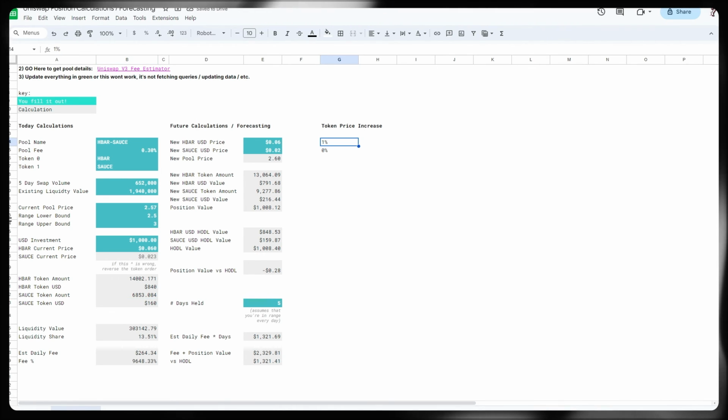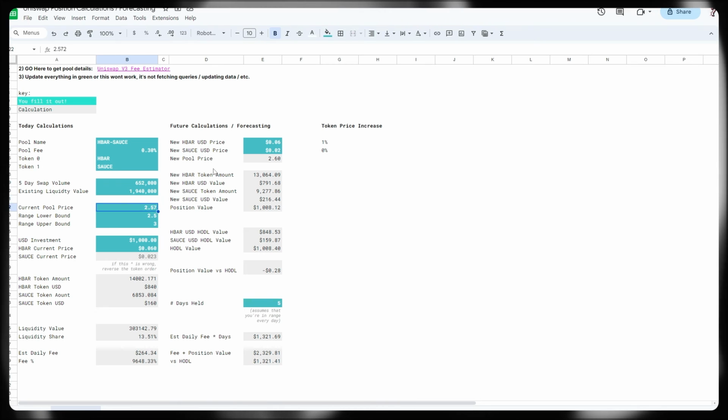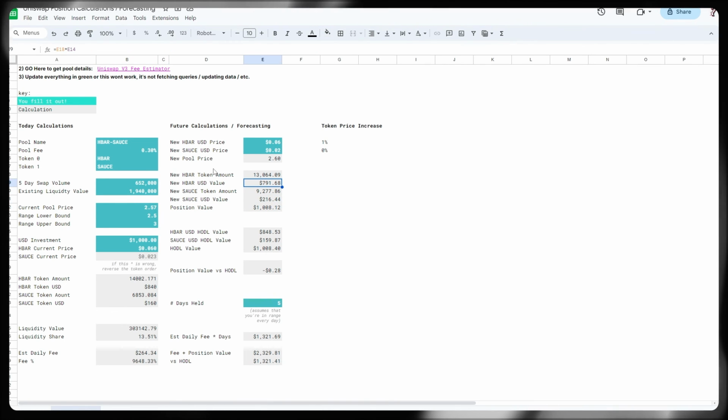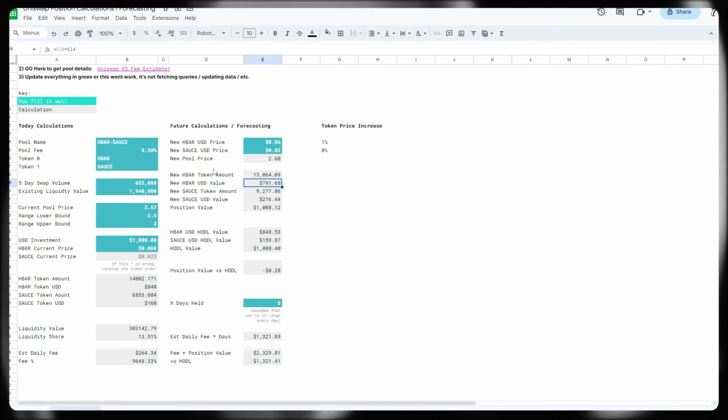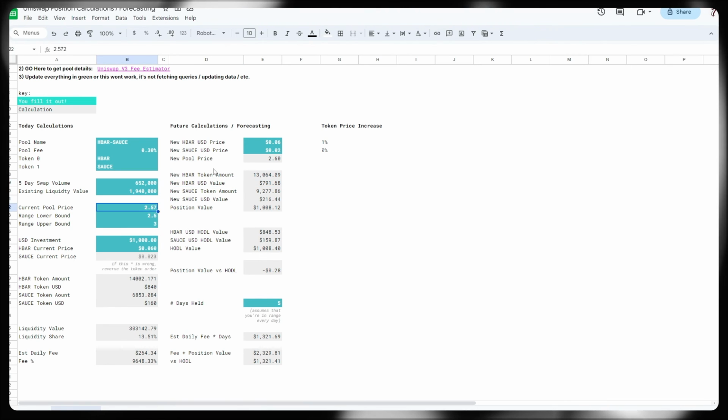Now, as that hbar price has increased by 1%, we can see the new pool price has moved to 2.6. Originally, it was at 2.57. As a result of that, where that position value is coming in, we can start to see how the impermanent loss takes effect. So my new hbar USD value is $792. And don't forget, I provided around $840 into this particular pool.